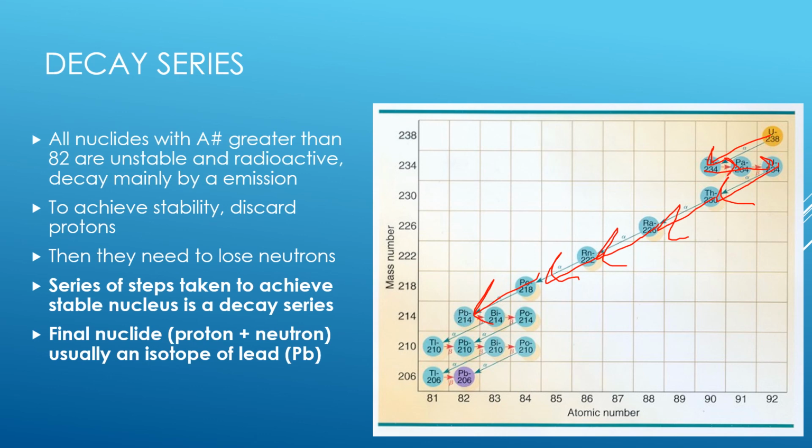So you see that the nucleus changes its identity every time it loses one of those alpha particles. Eventually, we reach an atomic number of 82, which is lead. And once we reach that 82, that uranium-238 that we started with is finally a stable nucleus, and it will no longer decay any further. So a decay series is these set of steps that a nucleus takes in order to become stable.